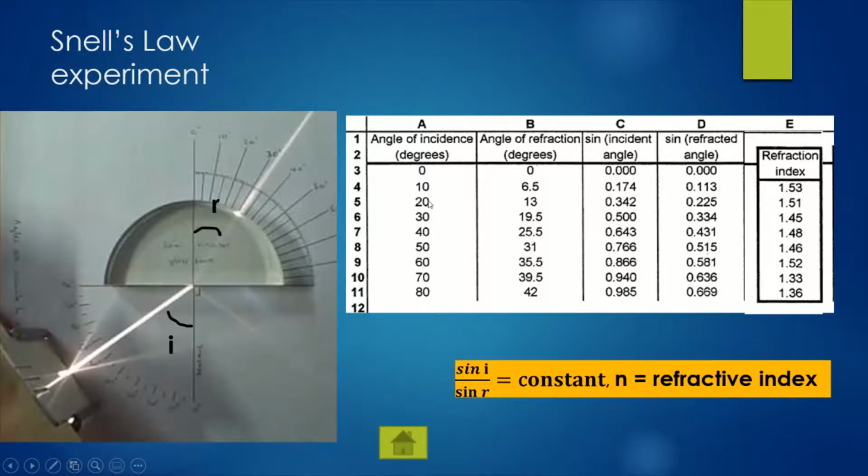As i increases, r increases, but the ratio of sine i over sine r is always around a similar value. So from here we conclude that sine i over sine r is a constant value, and this constant value is called the refractive index.